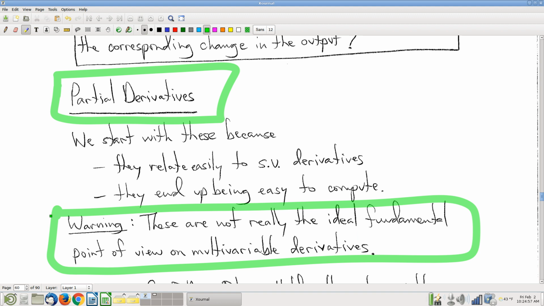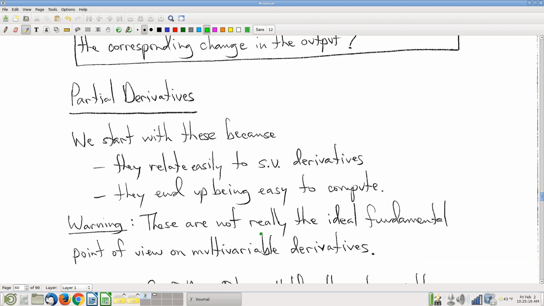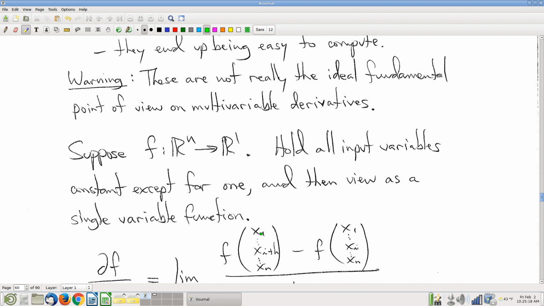So we're going to build up to it over time. Right. So, again, I'm starting with partial derivatives for a variety of reasons, but don't orient all of your understanding of derivatives around this one concept. I don't think this is the right concept to do that with. My opinion. Everybody's different.